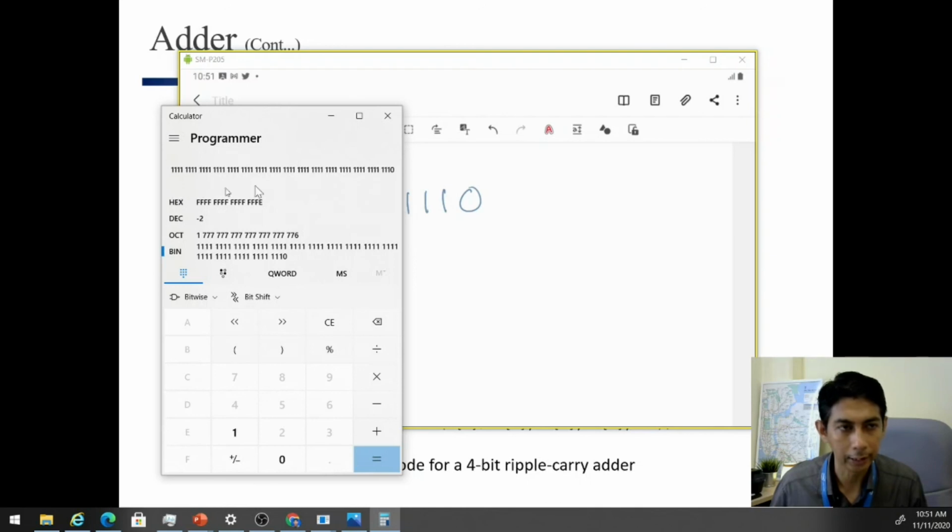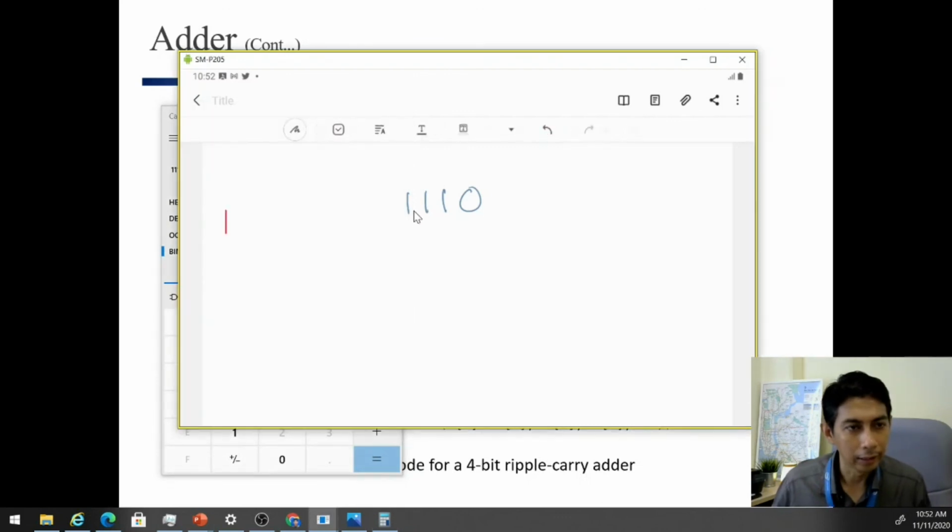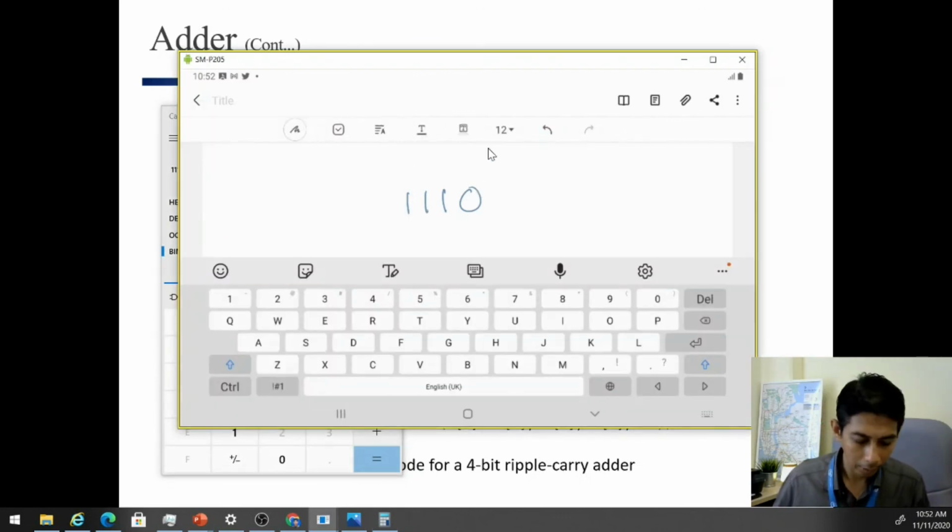The rest you just ignore, because this calculator is very big. How many bits? This is 64-bit, I think. And this is a negative number. So minus 2 for 4-bit is this.